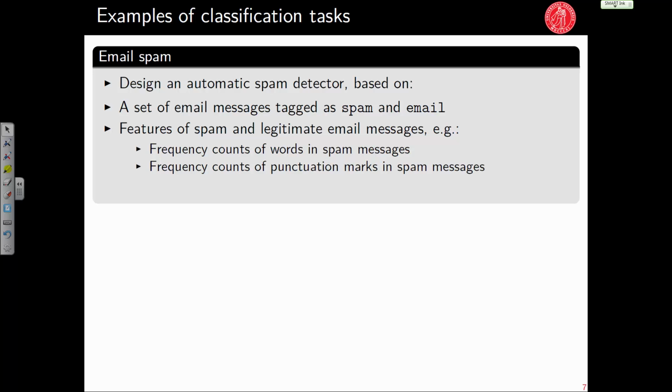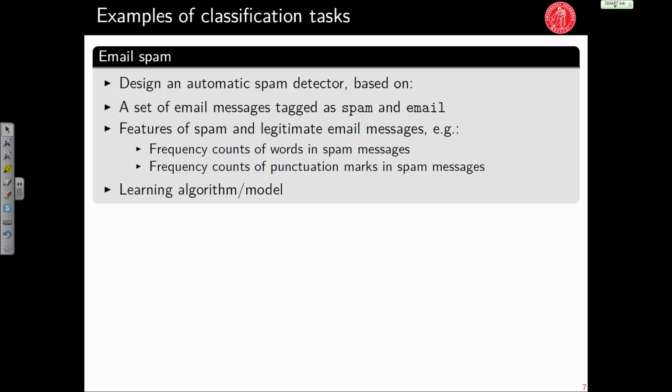A word like money or free or you, instead of just using your name, would have higher frequency in spam emails. You can also look at the frequency counts of punctuation marks: overuse of exclamation marks or inconsistent use of punctuation could be an indicator of an email being spam or not.